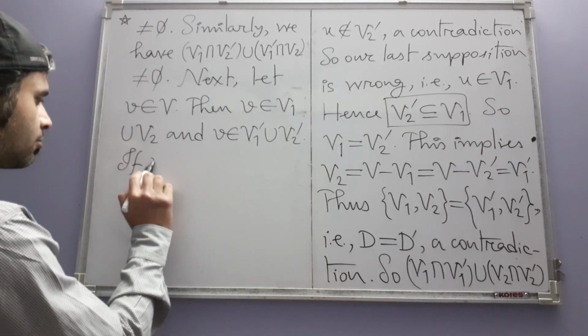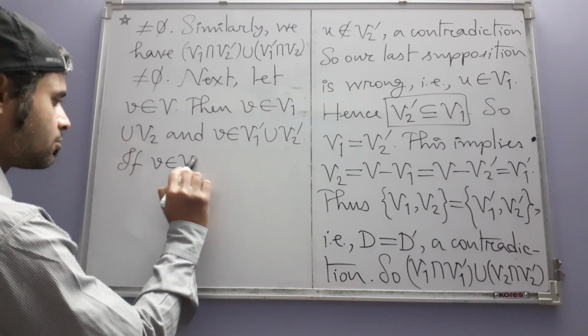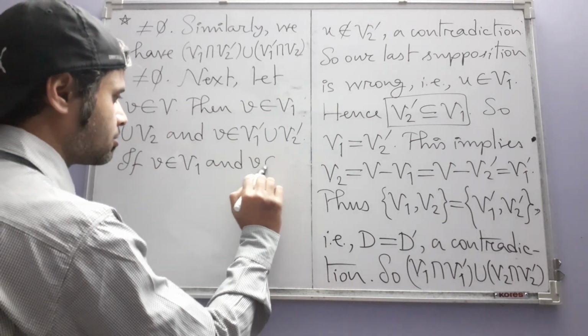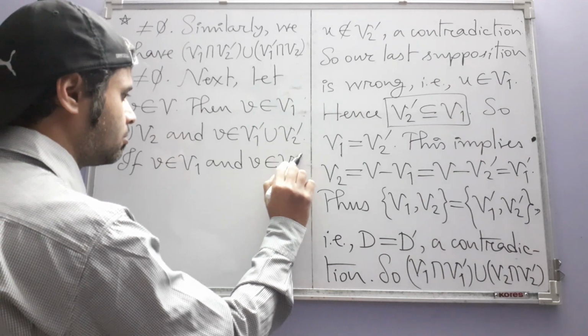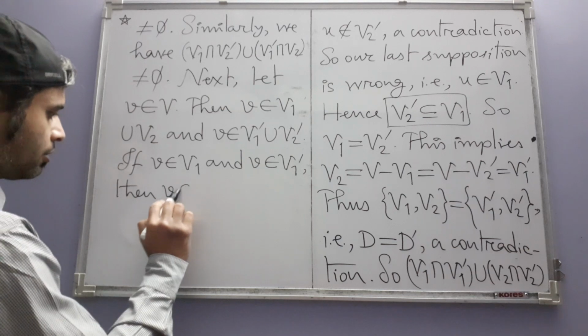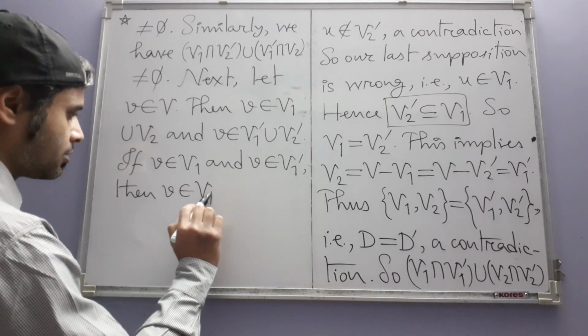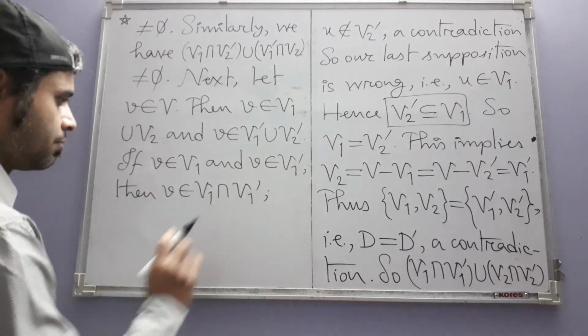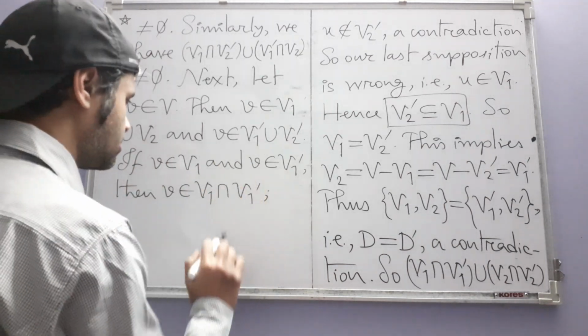If v belongs to V1 and v belongs to V1 prime, then v belongs to their intersection. This is one case.